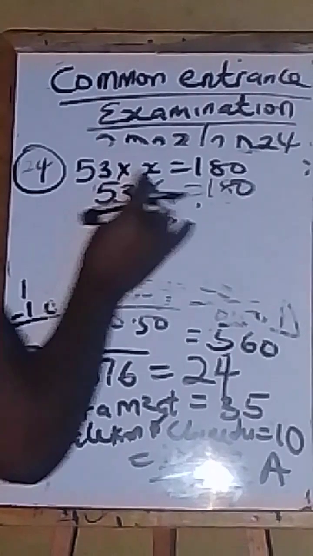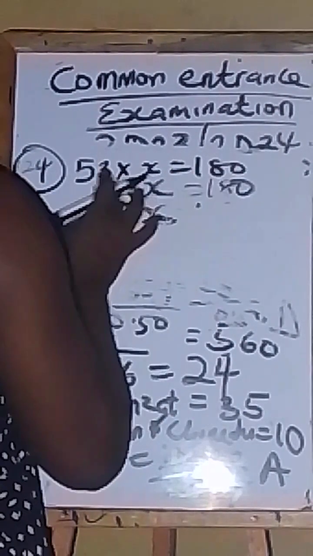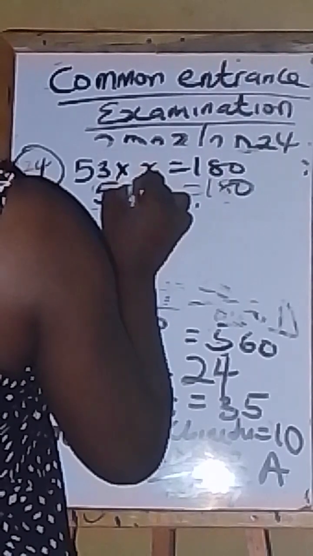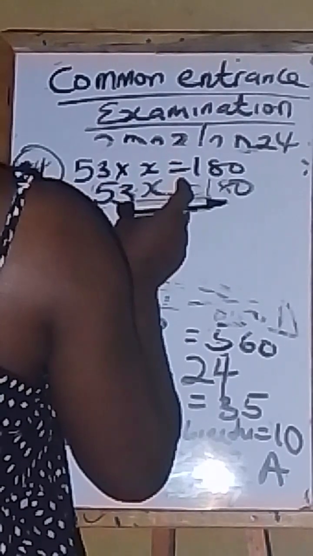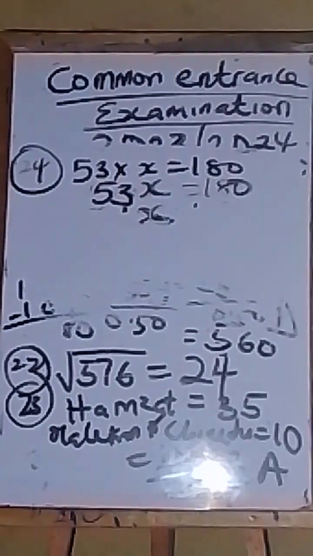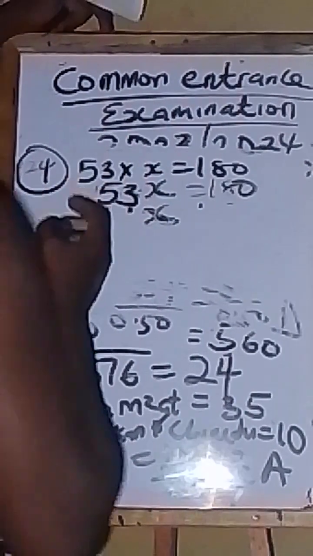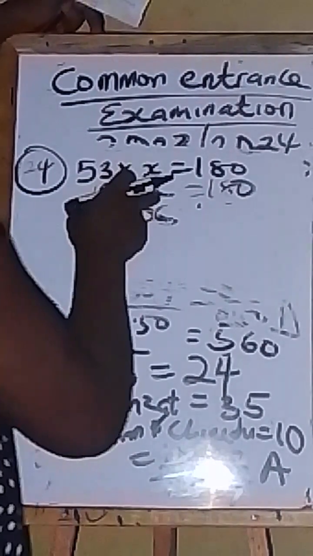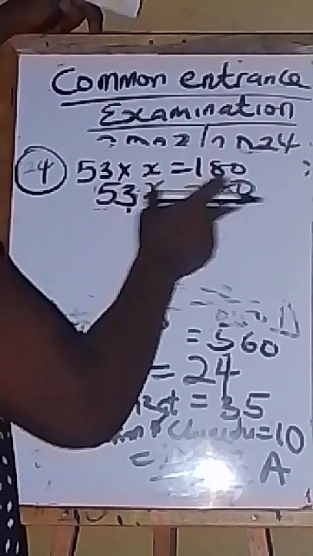So 53 of this number x is going to give us 180. Remember, a number is always 100. But 53 of that number will give us 180.